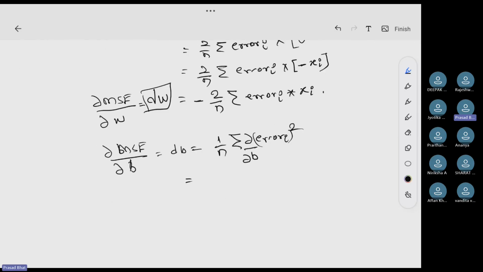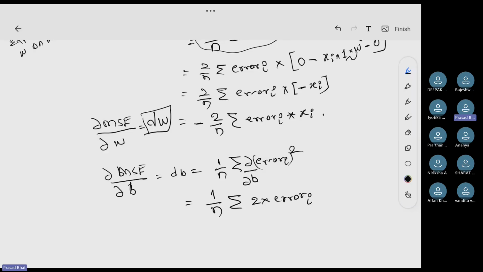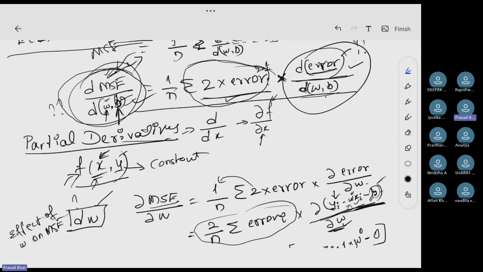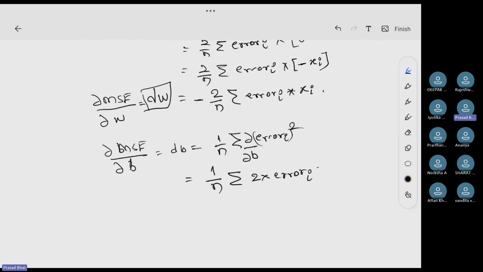What is it going to be? 1 by n sigma, 2 into error I, correct? The first part is kept as it is. This part we need to solve now, into dou by dou B of Yi minus W xi minus B.